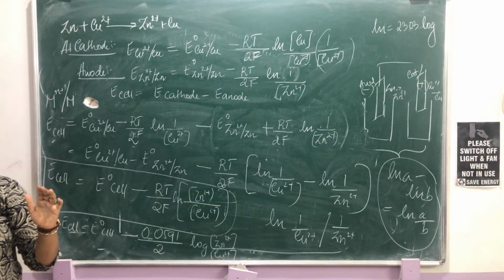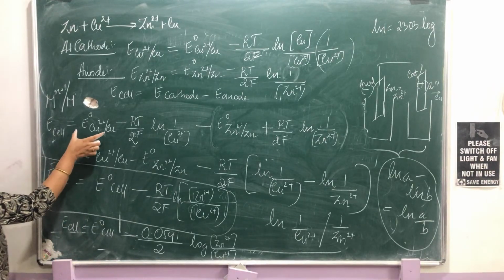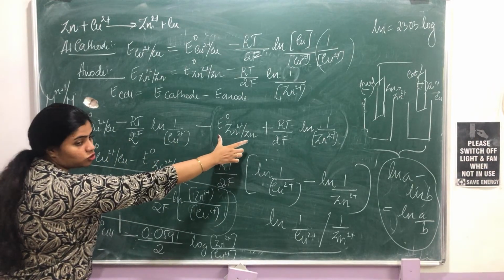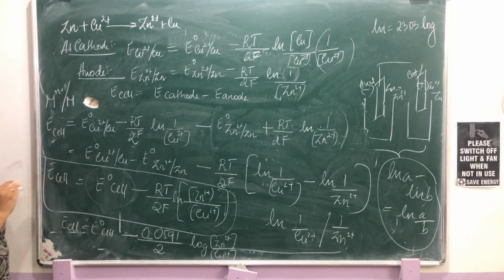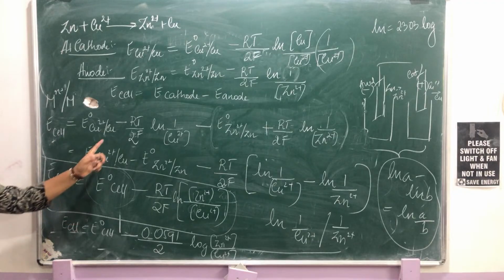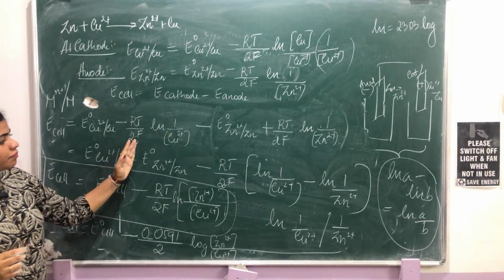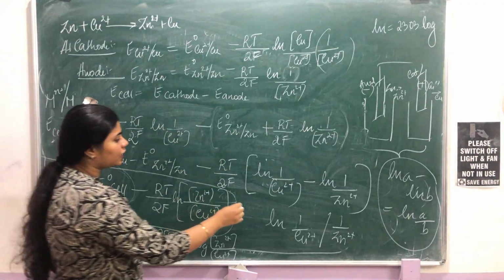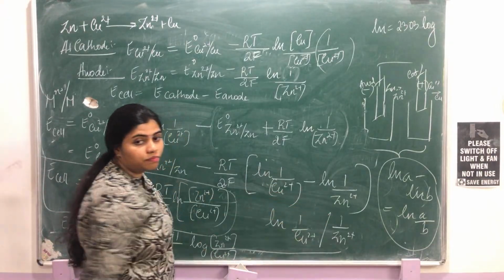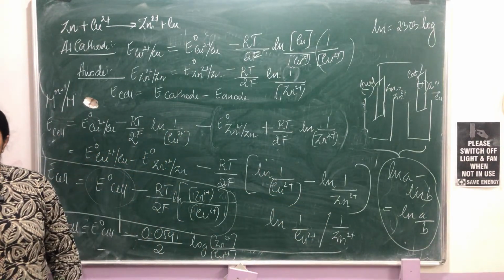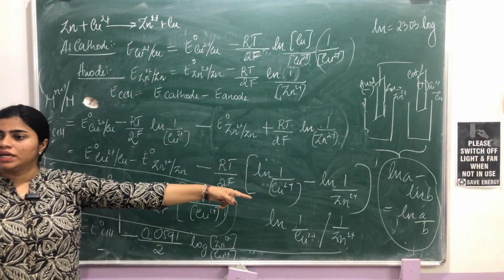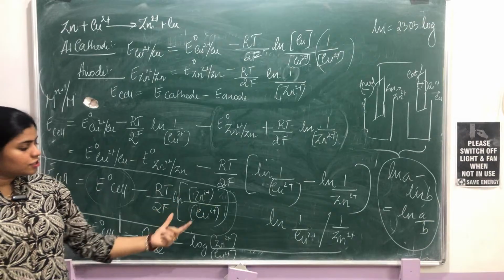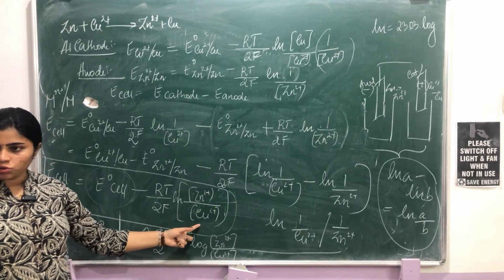The similar ones, E naught cathode minus E naught anode, which gives E naught cell. Now the rest: RT by 2F, in bracket ln of 1 by Cu2+ minus 1 by Zn2+. Ln A minus ln B gives ln A by B. So can I write it as Zn2+ by Cu2+?